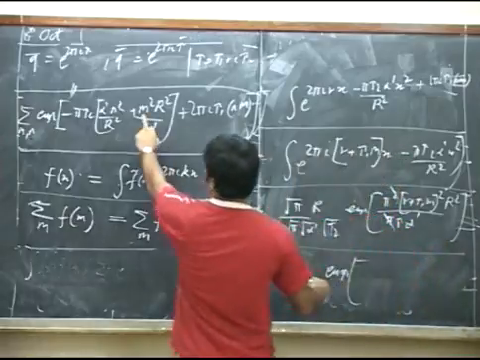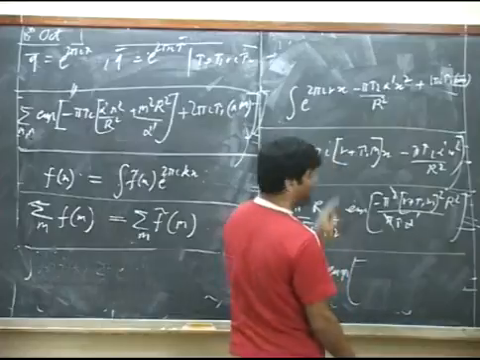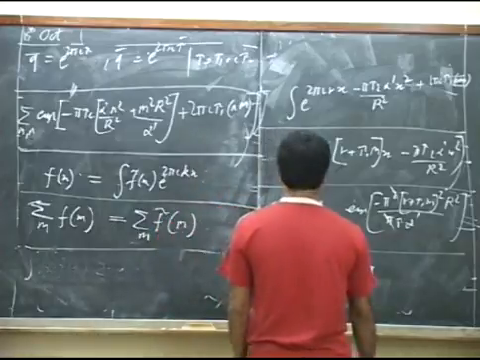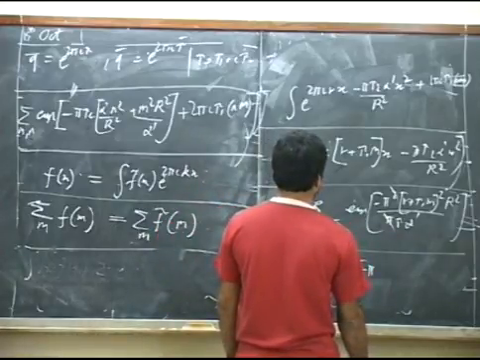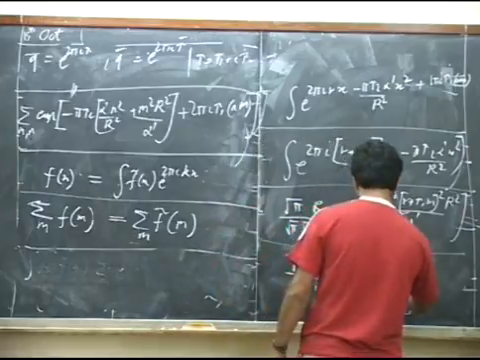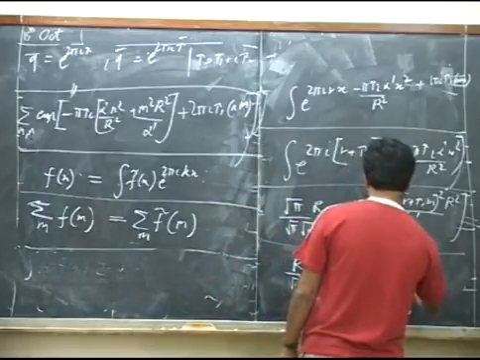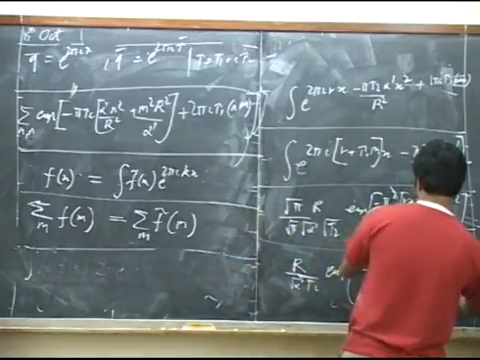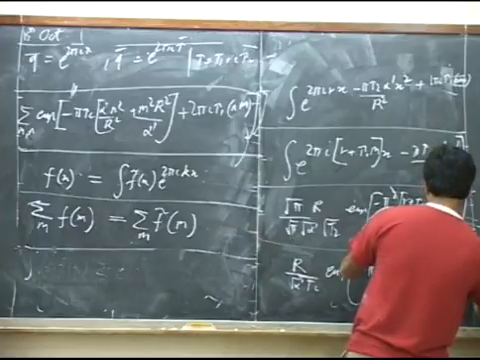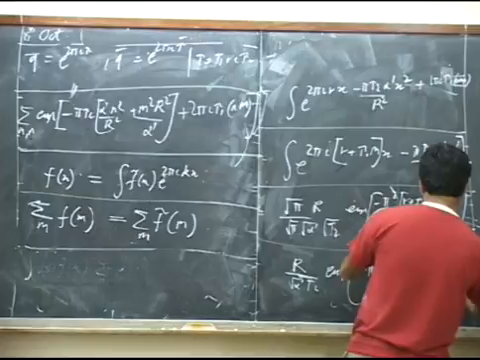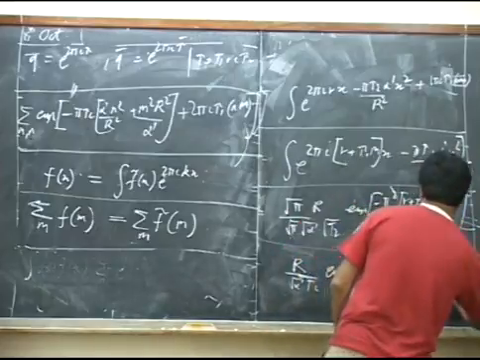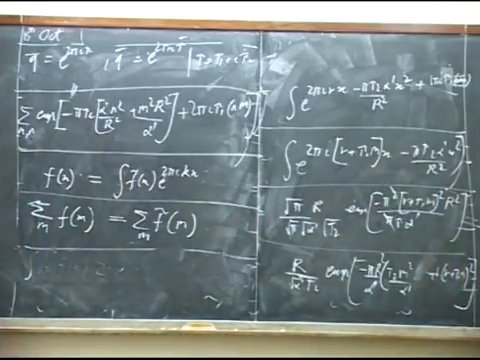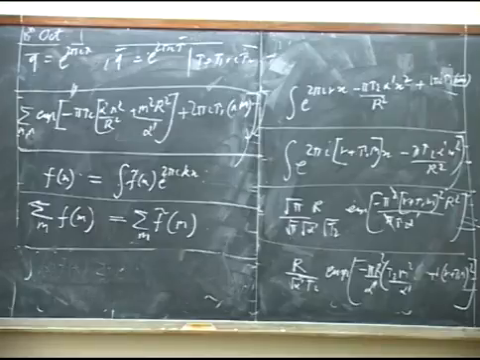And now we add what we had from here. And there's a minus sign here because of the i squared. So minus pi, minus pi into tau 2 m squared r squared by alpha prime, plus (r plus tau 1 m) the whole thing squared. But that's an r squared as well, over alpha prime.